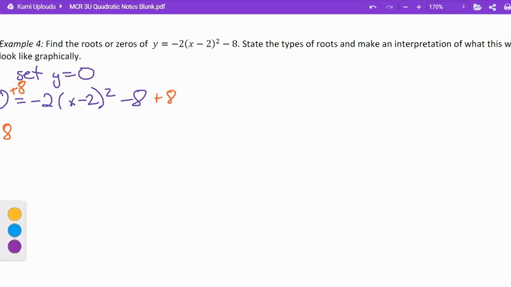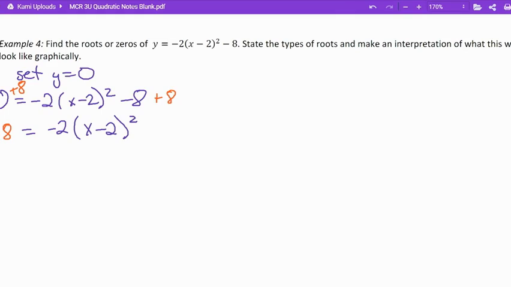So I get 8 equals negative 2 times (x minus 2) all squared. I want to get at the x, so I'm chipping away, moving, dividing, multiplying, using opposite operations to get at the x. What is the next opposite operation I can use?